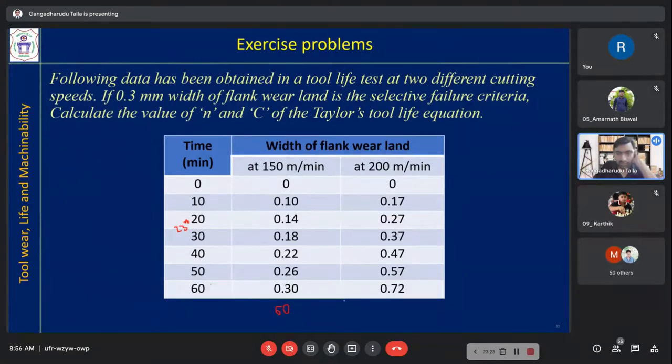For the second case, 23 minutes is the tool life. So you know velocity and tool life in both cases. Now take the equation V t power n equal to C.